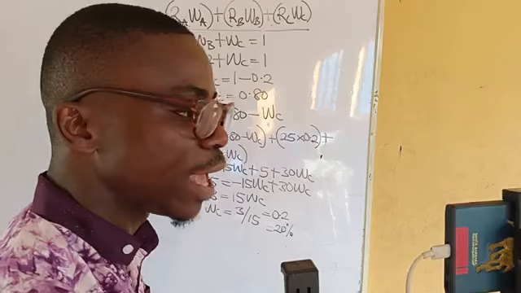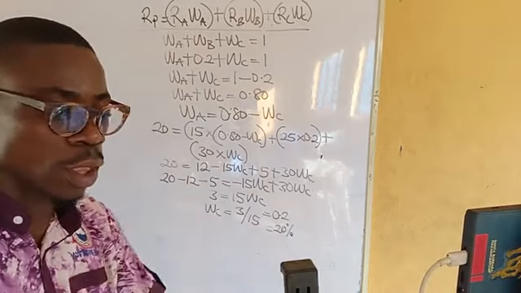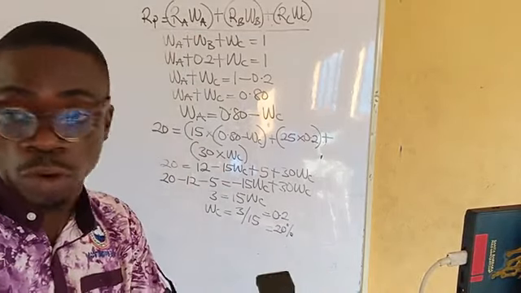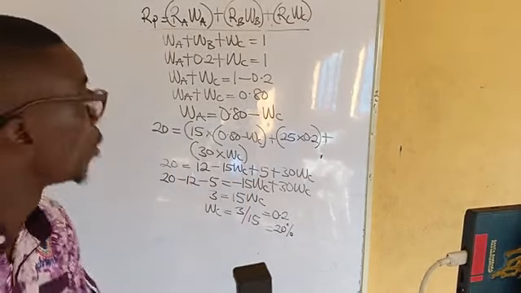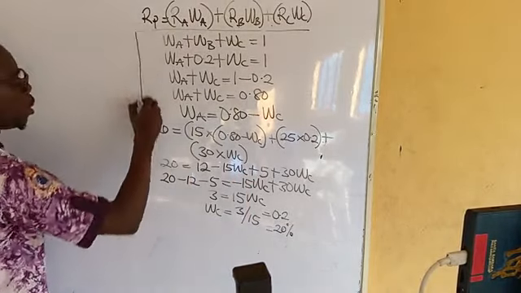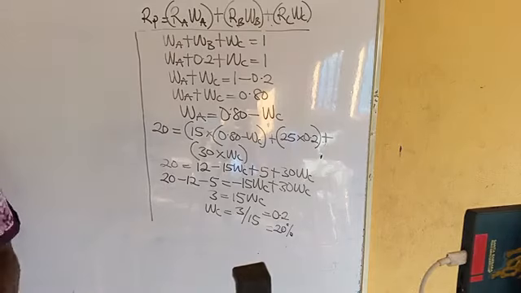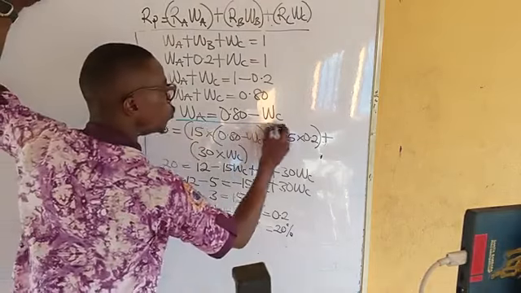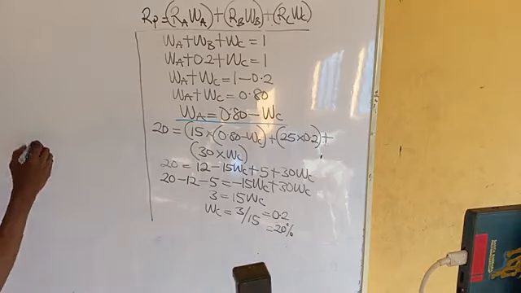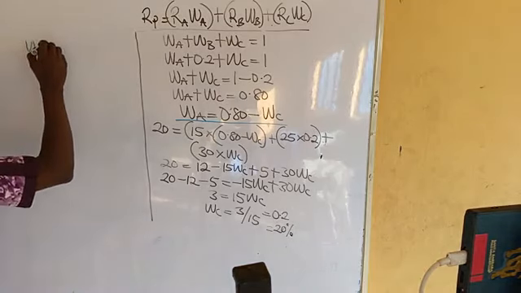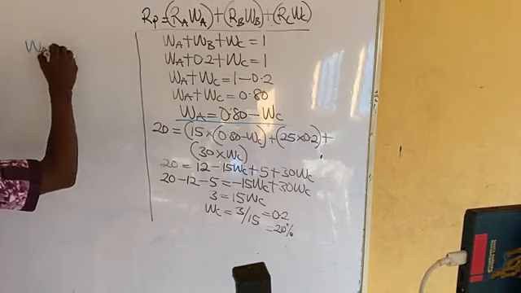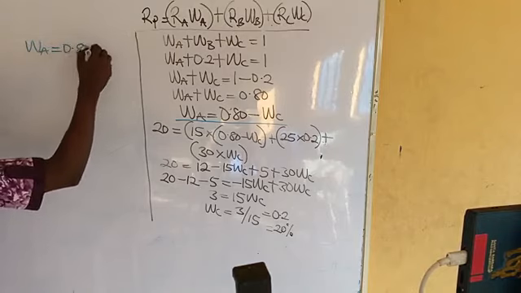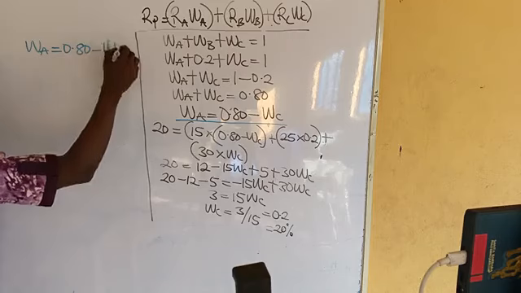So let's now get that of A. That of A, we will now go back to this formula, which is WA equals to 0.80 minus WC.